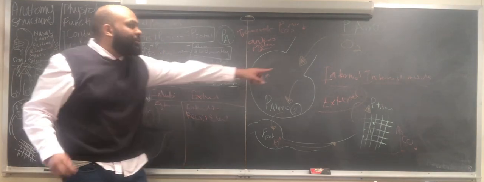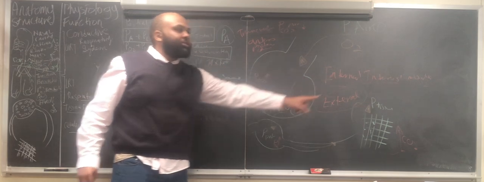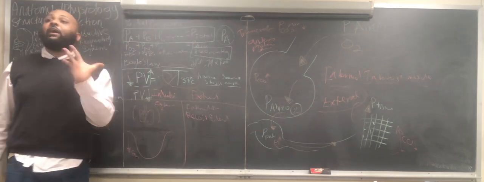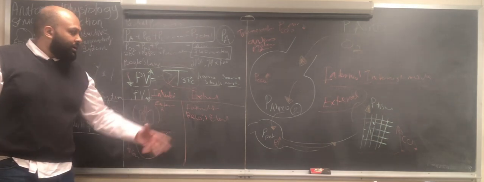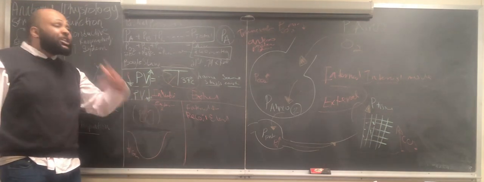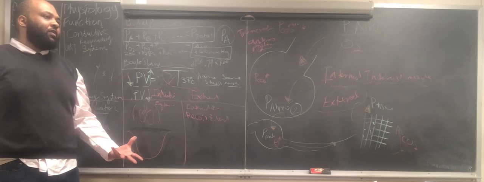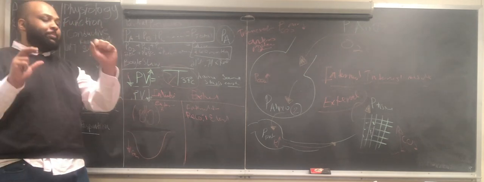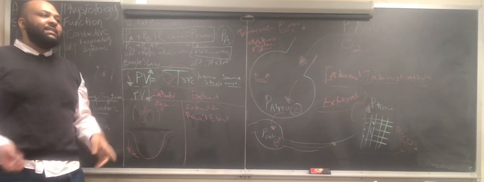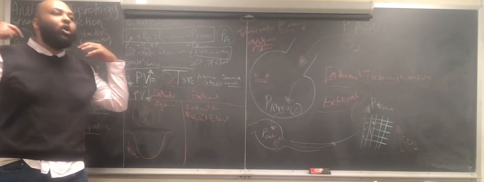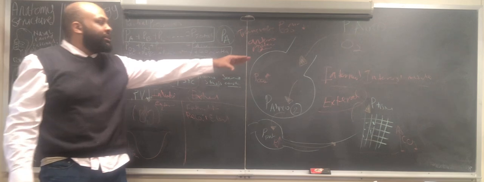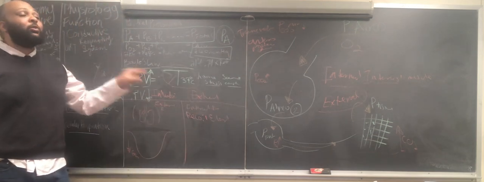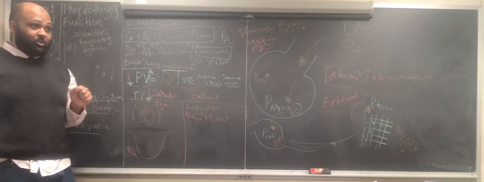So we do not use the internal intercostal muscles when we are using our tidal volume, taking a breath in and out. It is only when there is expiratory reserve volume, when I want to shunt air out in a pulmonary function test, or when I'm sneezing, achoo, removing all of the extra air out. That is when I use my internal intercostal muscles. This point is very important. They're going to ask you that on the pre-lab.